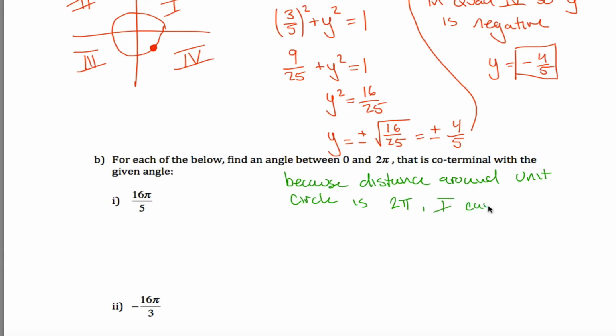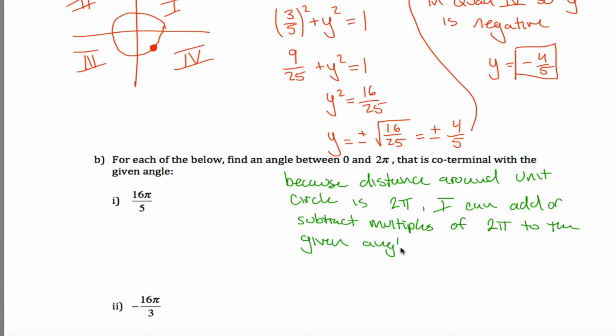I can add or subtract multiples of 2 pi to the given angles to find coterminal angles.